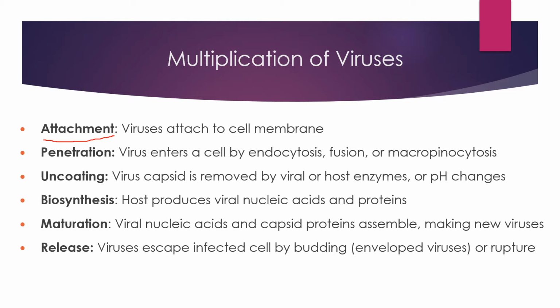In penetration, the virus particle is brought into the host cell by endocytosis, fusion, or a process called macropinocytosis. Macropinocytosis is a phenomenon where a cell drinks in some of its environment using vesicles. And if that environment contains viruses, the virus gets into the cell.